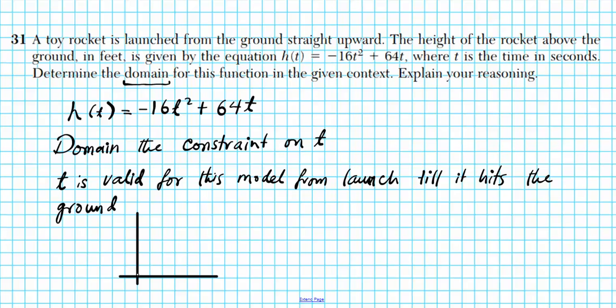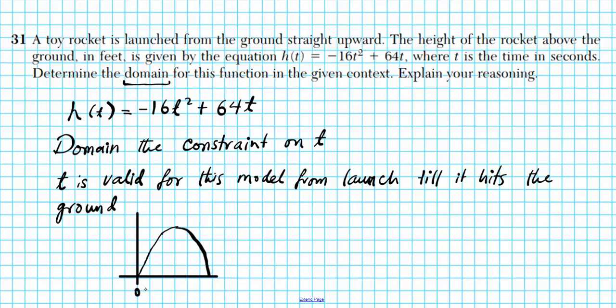When you launch the rocket, if you start your clock at 0, and then you launch your rocket, it's going to go up, and then when it runs out of propulsion, whatever is propelling it, it slows down because of gravity, hits its maximum height, and heads back down.